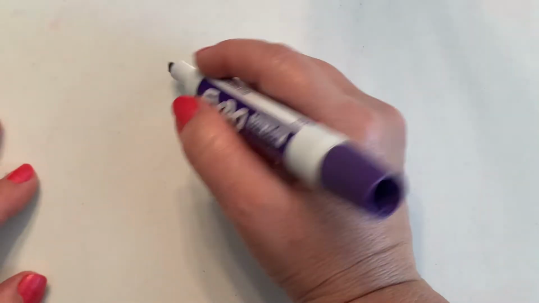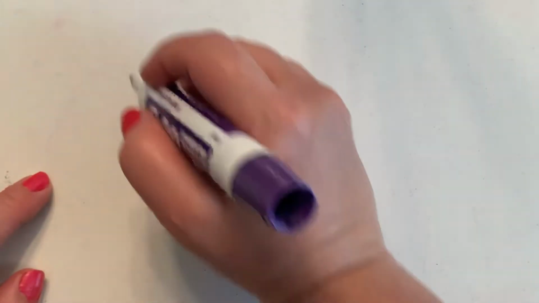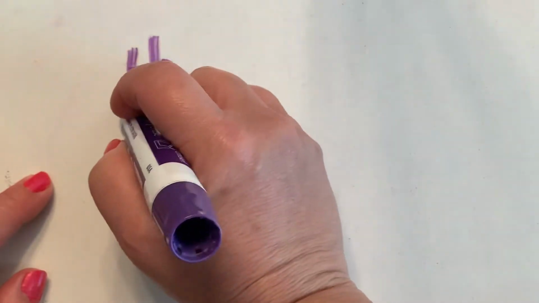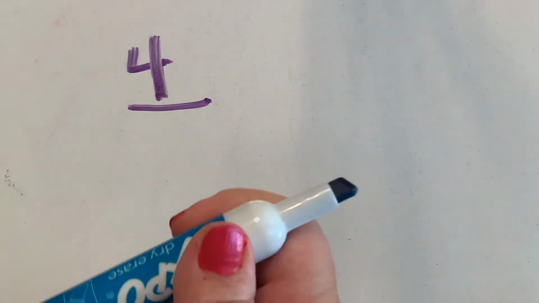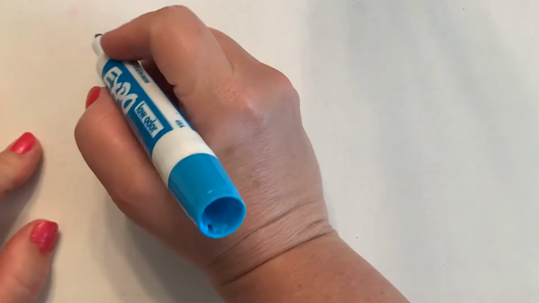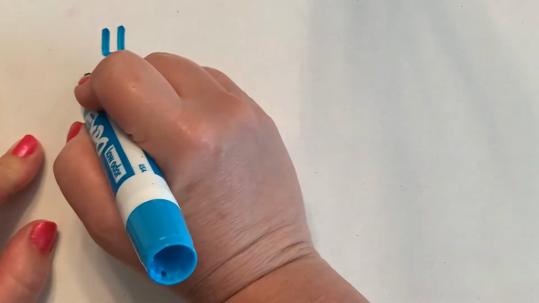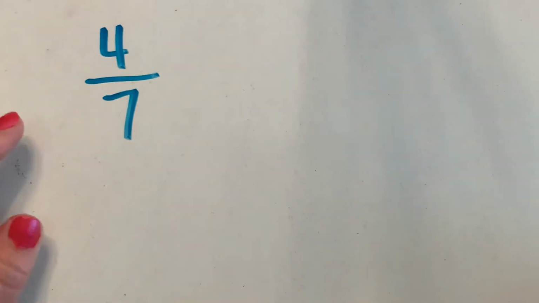I'm going to do some more of those right here with you. Let's look at 4. I'm going to get another marker. This marker, the tip of it is not sharp and it's writing fatter than I like for it to. So just a minute. Let me open another one. All right. So let's do 4/7.